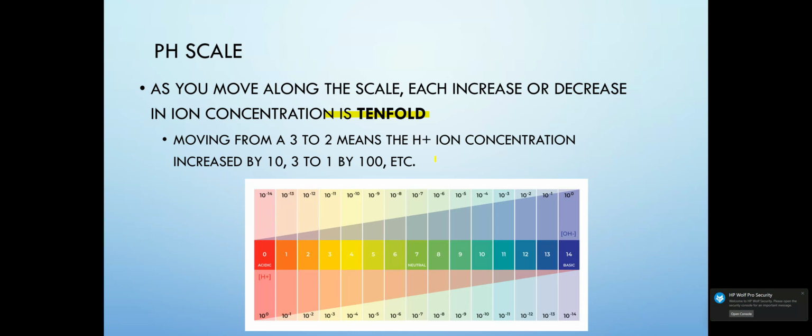So we're talking a significant difference in the concentration of those ions. Same thing with the bases. We're going to see an increase in hydroxide ions with the 10-fold increase as we move up the base scale. So just know that those changes are significant, and there's quite a large difference of ion concentration between just one number on the pH scale.